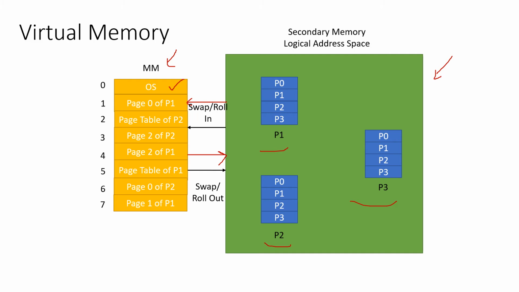So whenever it is required to bring process P1 into the main memory, it is brought in, and whatever is not required is sent back to the hard disk. This is how we are using the main memory properly for proper utilization of the entire system. So that's it for virtual memory.